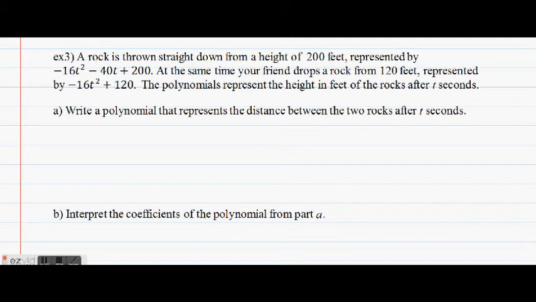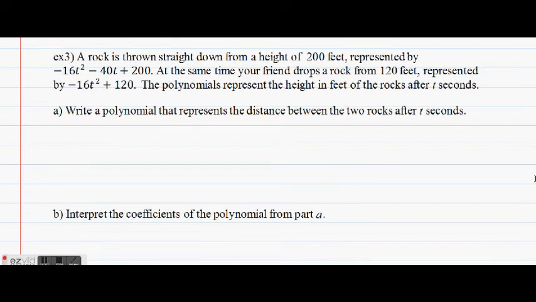You threw yours, he's dropping it. Now his polynomial is represented by negative 16t squared plus 120, and what those two polynomials represent is the height of the rocks after a certain time, and t represents time in seconds.